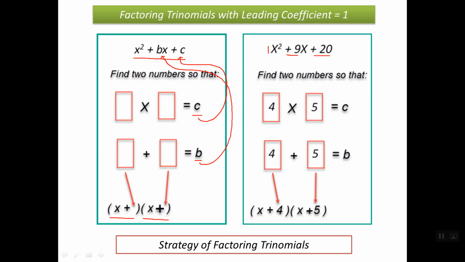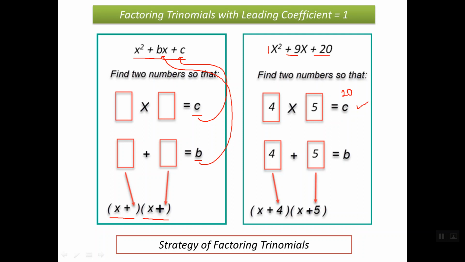The strategy is to find two numbers so that the product of the two numbers is equal to the value of c, which is 20, and the addition of the two numbers should be equal to the value of b. The two numbers are plus 4 and plus 5. Plus 4 multiplied by plus 5 is equal to plus 20, the same as the value of c.